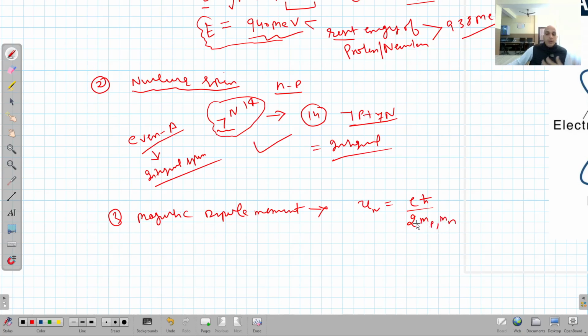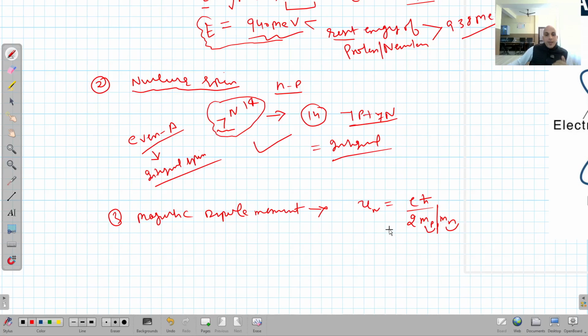Now we know very well that the masses of these two particles are nearly the same. So we can take either the mass of proton or the mass of neutron. There is nothing going to happen, right? This result will nearly remain the same.